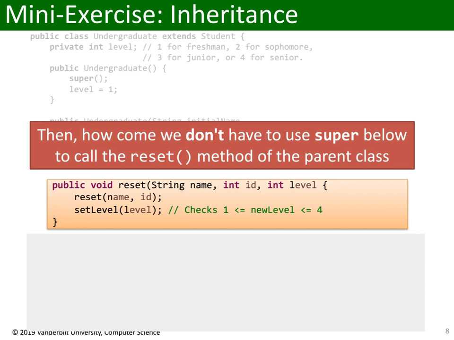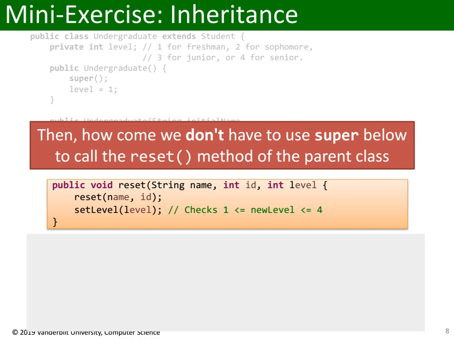So therefore, this is an overloaded method, not an overridden method. So both these methods are still visible, and Java will still allow you to call both of these methods without the super keyword involved. So to call the inherited reset, we don't have to use the super keyword because it's not been overridden, it's just been overloaded.